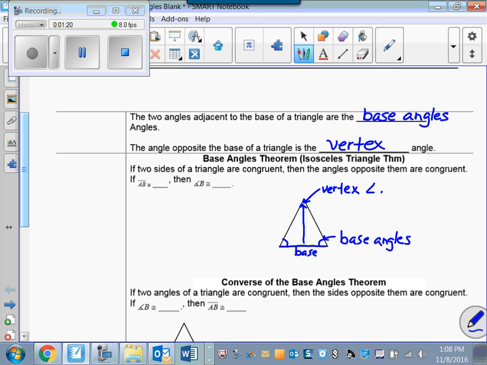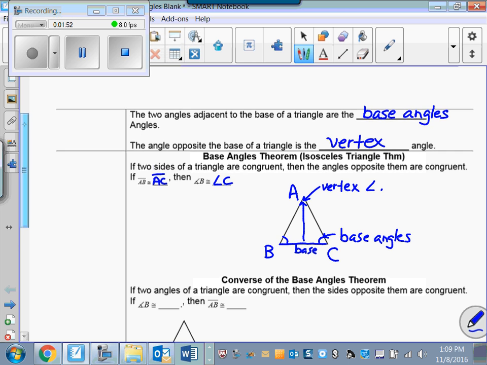All right, so we have a theorem that has to do with isosceles triangles. It says if two sides of a triangle are congruent, of course we know that means it's an isosceles triangle, then the angles opposite those two congruent sides are congruent. So if I have this labeled as A, B, C, and if side AB is congruent to AC, then I know that angle B is congruent to angle C. You will use that quite a lot in geometry.